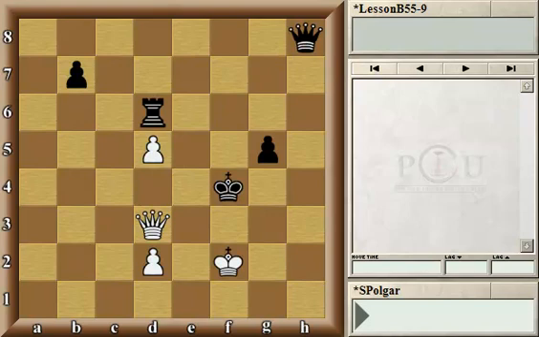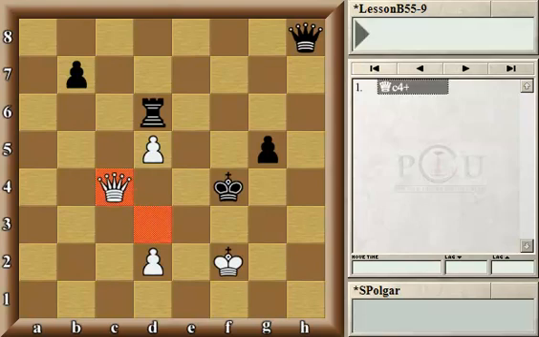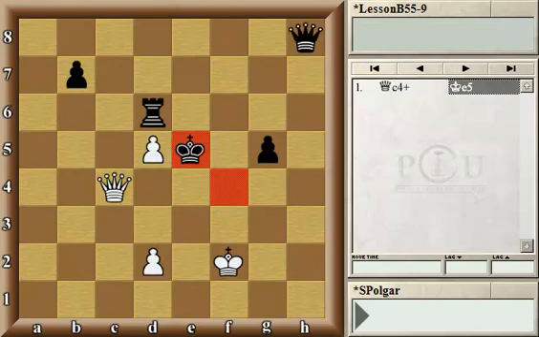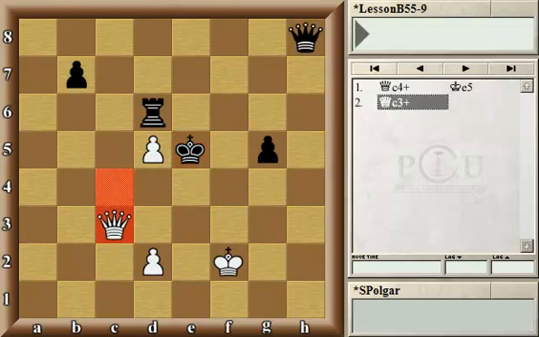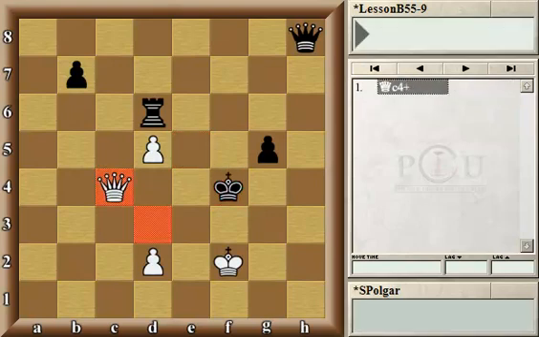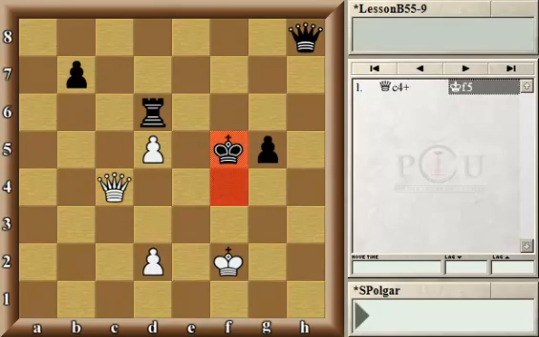The question is how? Again, as I said, invitation is not good enough. We need to leave no choice for black. For example, giving the check from c4 would be an invitation to move here and then skewer. However, black would have a choice, and black would choose to move the king to f5, avoiding it.